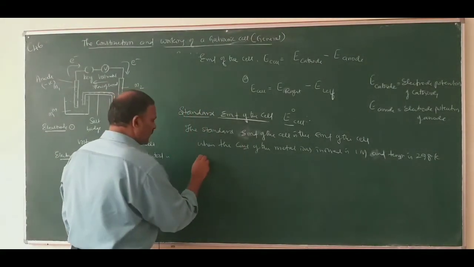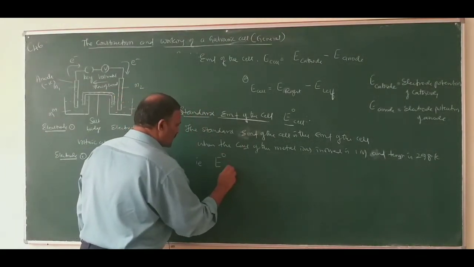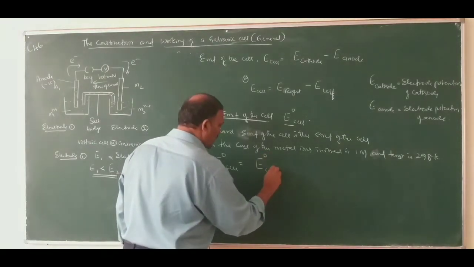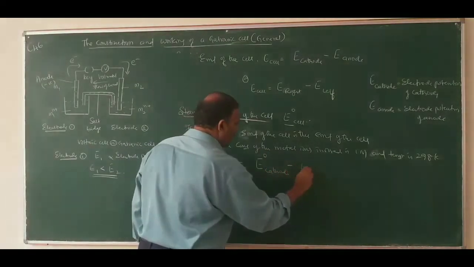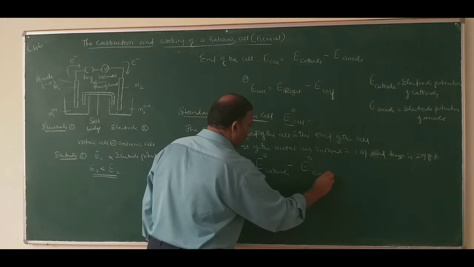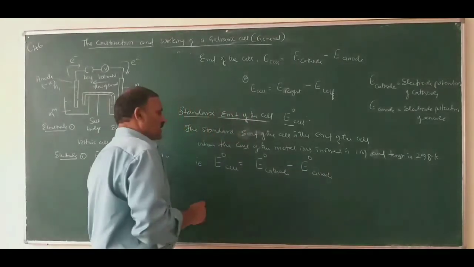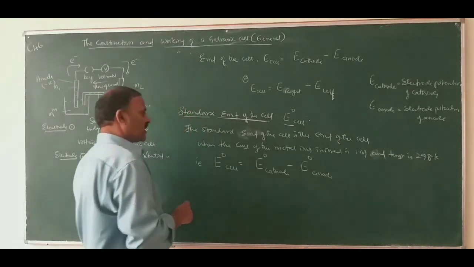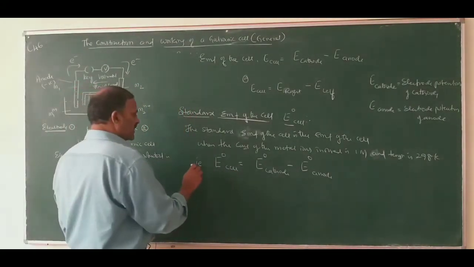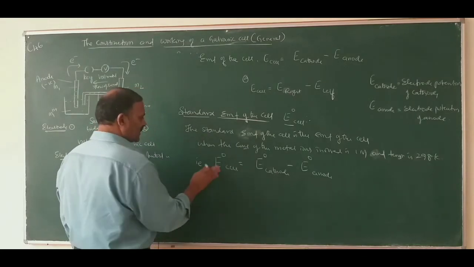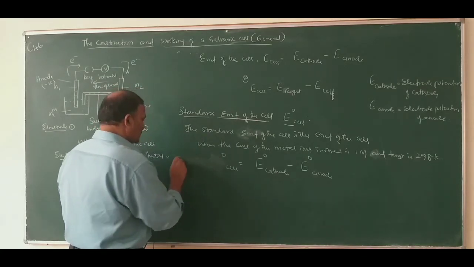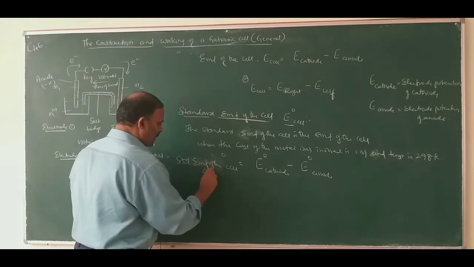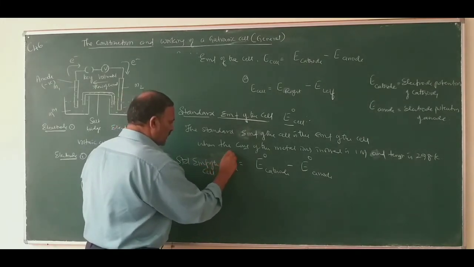That is, E naught cell is equal to E naught of cathode minus E naught of anode. So the standard electrode potential of cathode minus the standard electrode potential of anode is called the standard EMF of the cell. It is also called E naught cell.